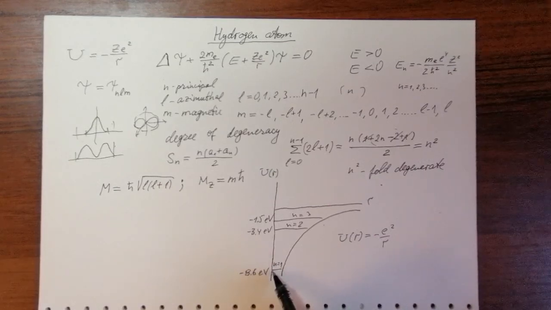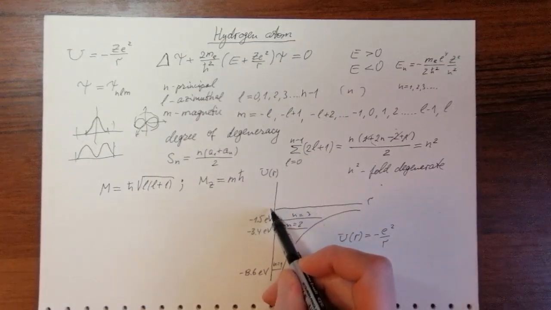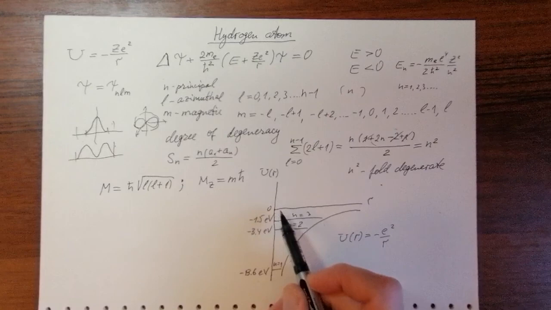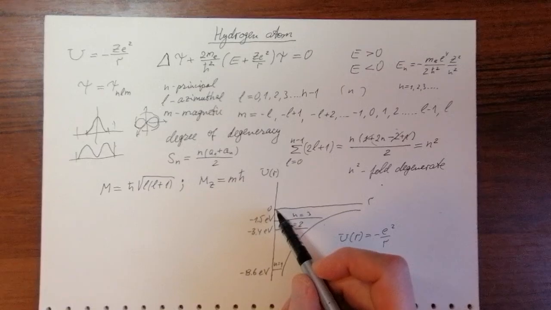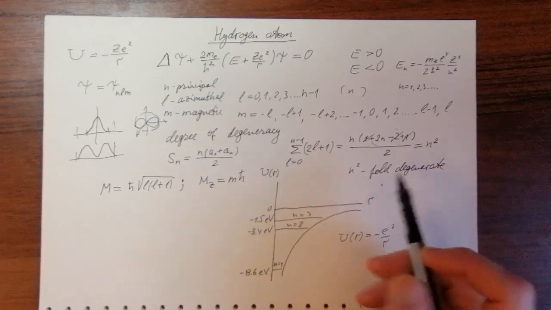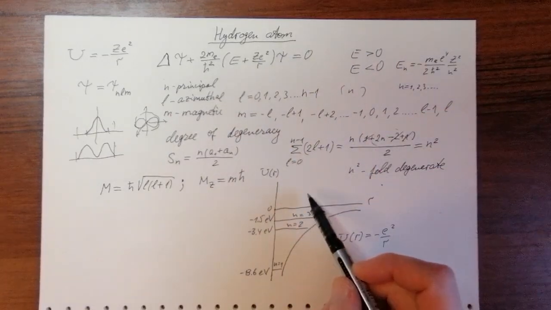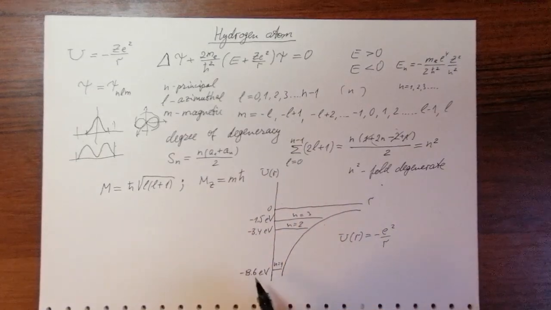So to make the electron free, we need to supply this energy, then it will go to the position where its potential energy is 0, and if E is greater than 0 it can travel with any energy, it is free. So actually this is the energy which is needed to ionize a hydrogen atom.